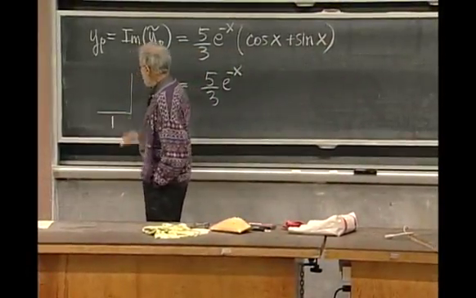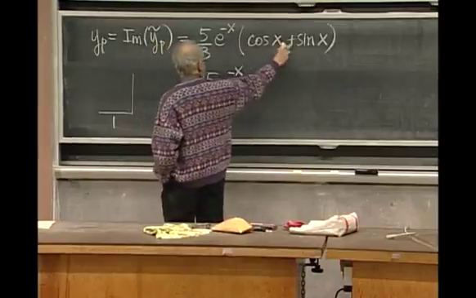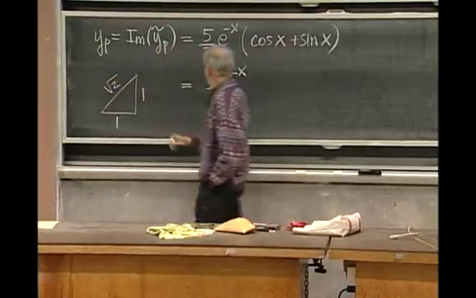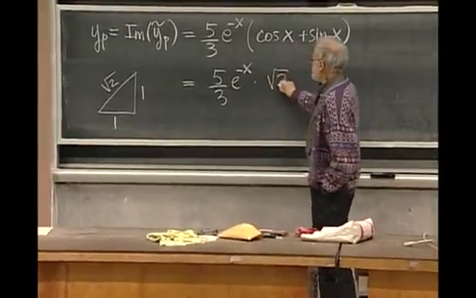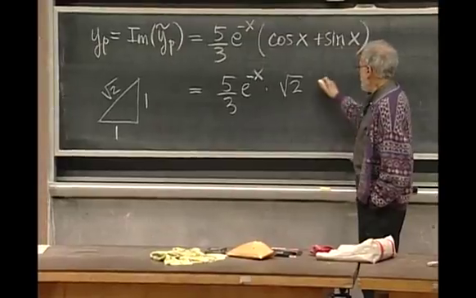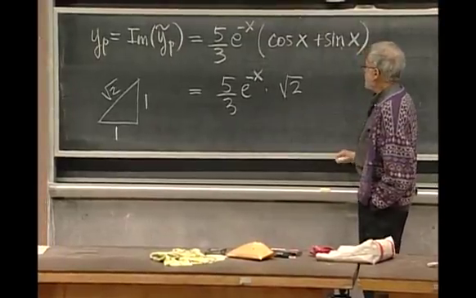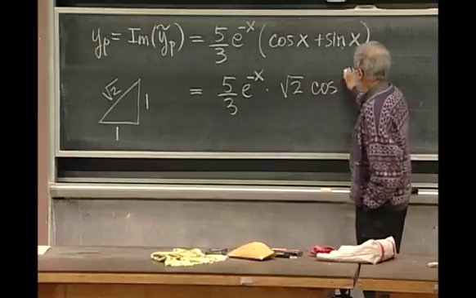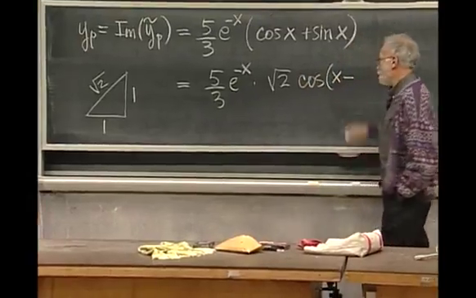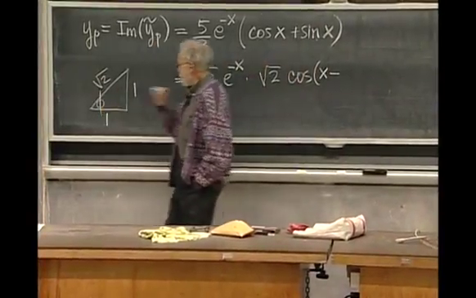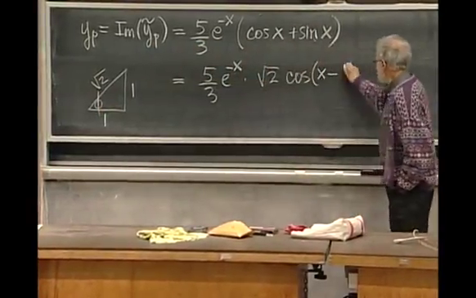Remember, the two coefficients are 1 and 1. So this is the square root of 2 times cosine of x minus the angle. This is the phi, so that's pi over 4, minus pi over 4.